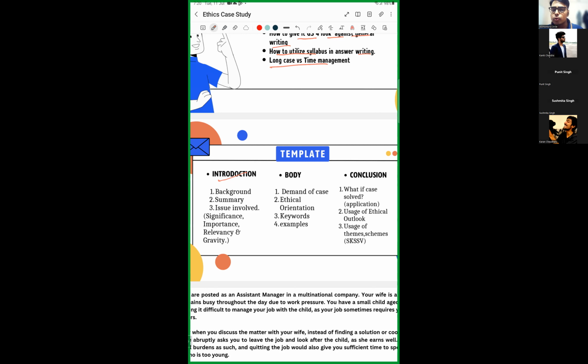Apart from inclusiveness, profitability, or say universalism, utilitarianism, keywords, how these things can be inculcated.